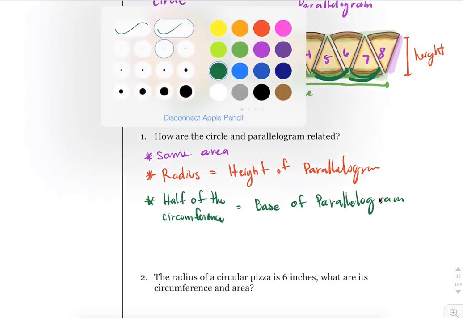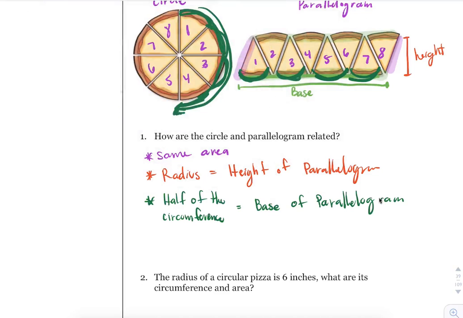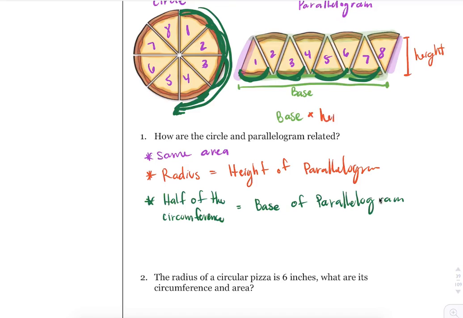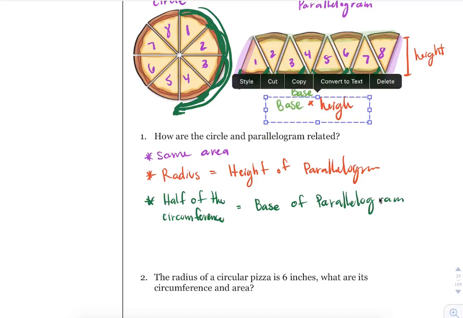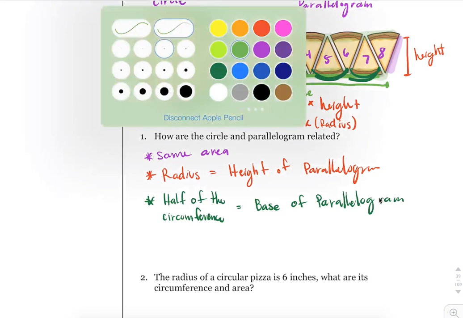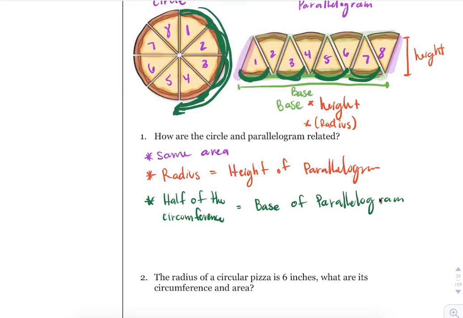The area should be equal to base times height, and I can switch those out with radius. This is the same thing as radius times the base, or instead of the base we can say half the circumference.